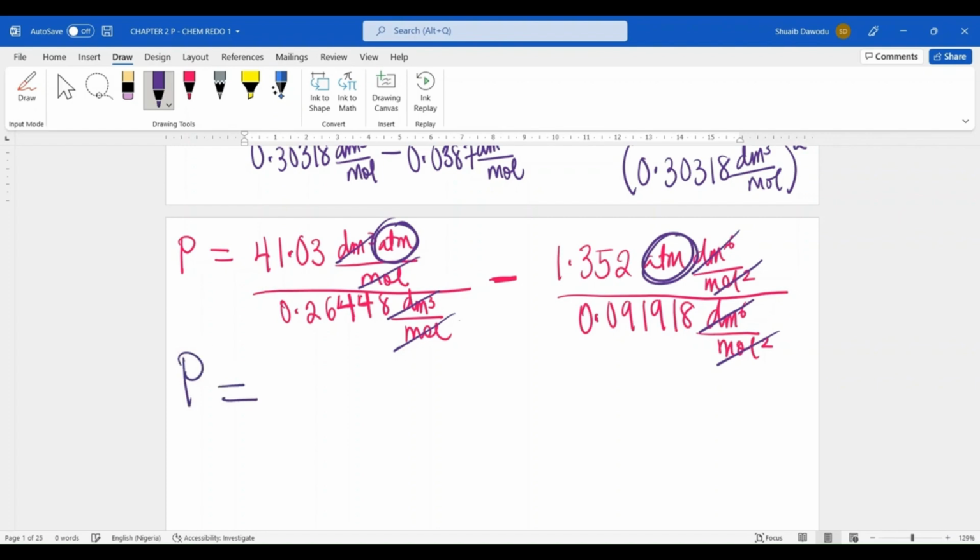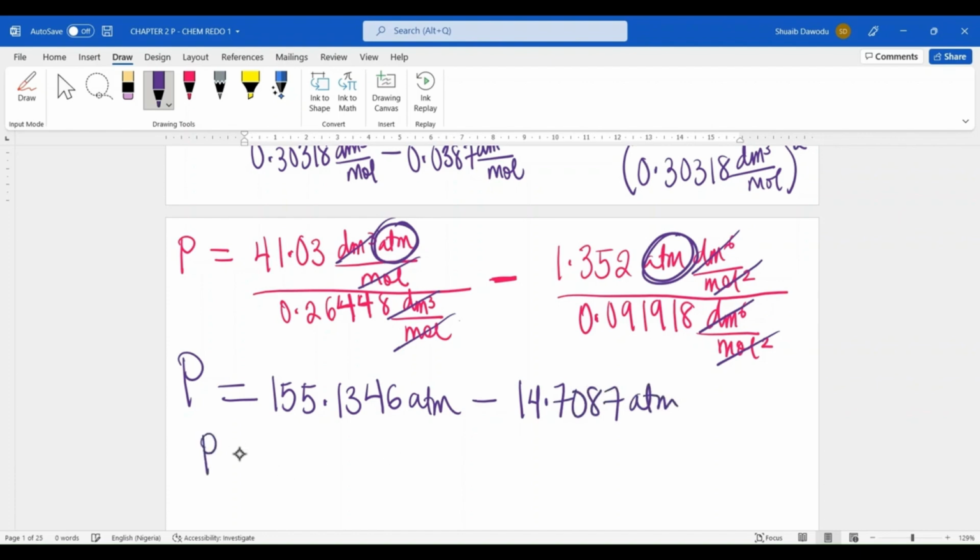So 41.03 divided by 0.26448 is simply 155.1346 atmosphere, minus 1.352 divided by 0.091918, which is just simply 14.7087 atmosphere.